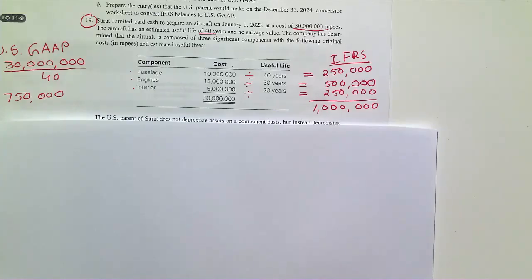IFRS. Which company will have the lower net income? GAAP. Are you getting it? No. GAAP or IFRS? Which company will have the lower net income? IFRS, same. Higher expense means lower net income, right? Makes sense, Matt? Which company has higher expenses?